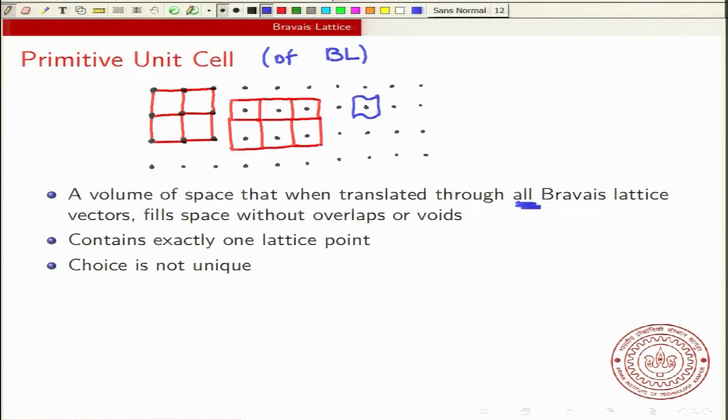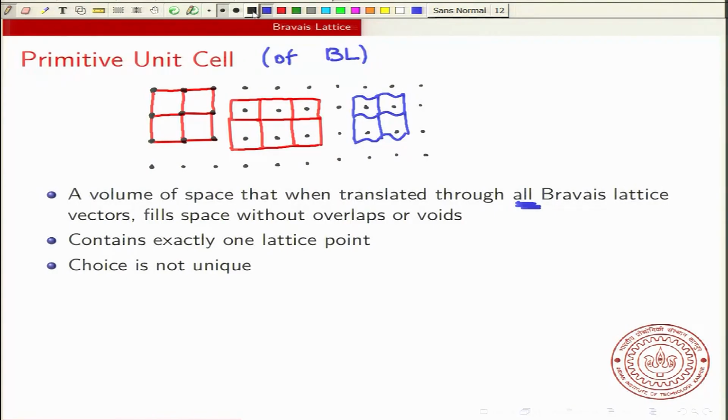Again, if I take the same cell shape and translate it here, and then translate it downwards, and so on, I can again fill up space without any voids or overlaps. I can translate it either to the side or vertically. So, the choice is not unique.